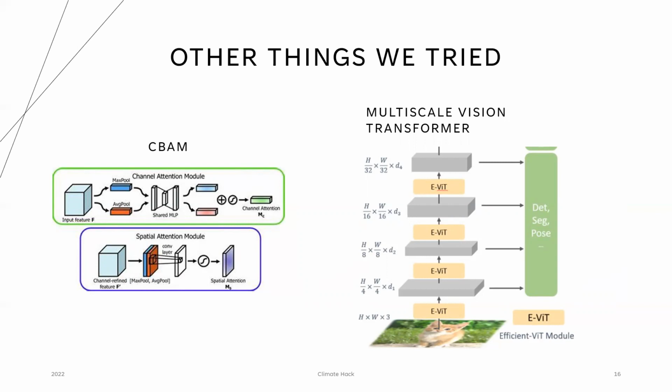The other thing we tried is multi-scale or multi-resolution vision transformers. These are blocks where we have multiple vision transformers that take in features at multiple different resolutions. You can use these as the encoder part of the UNet or as a decoder, but we never had time to fully train these to convergence. Next slide.